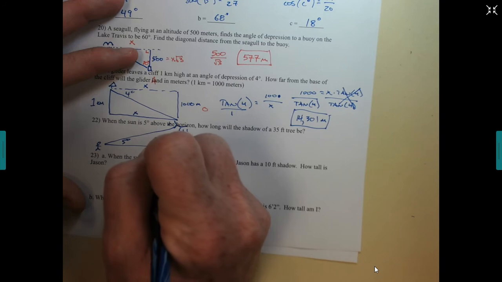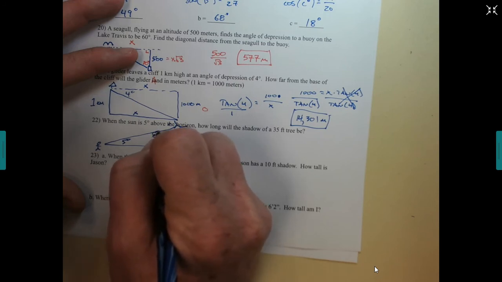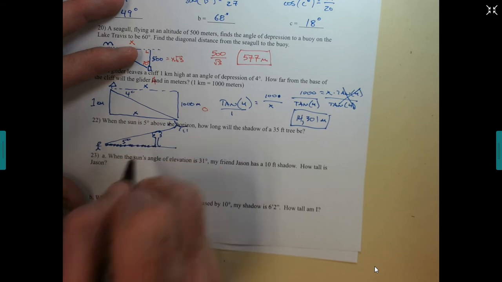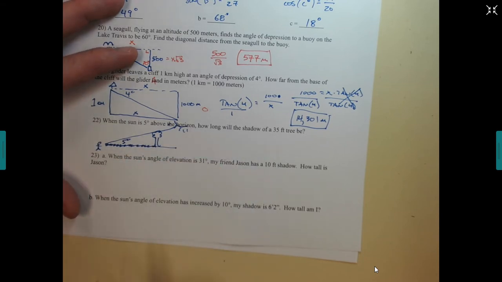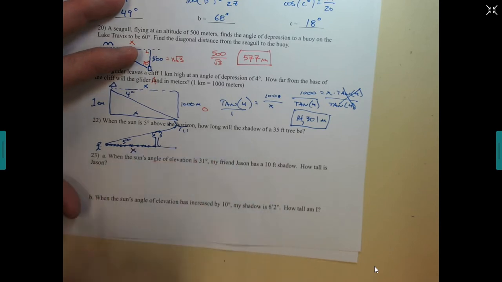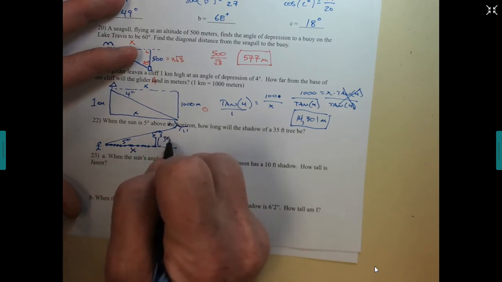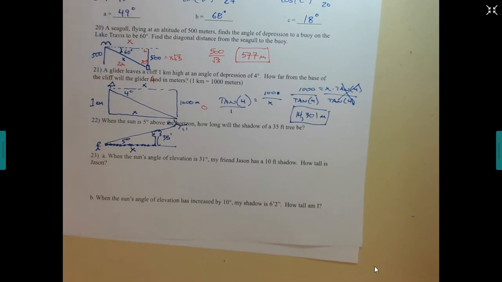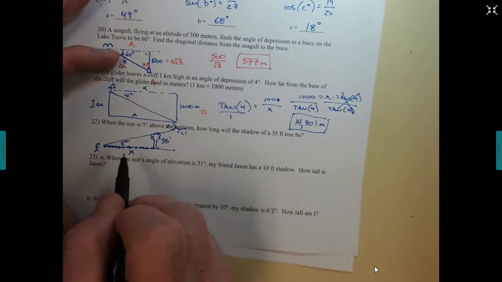So I got some tree. Shadows, in case you didn't know it, are actually on the ground. The picture is everything. If you can't draw that picture, you cannot solve this problem.